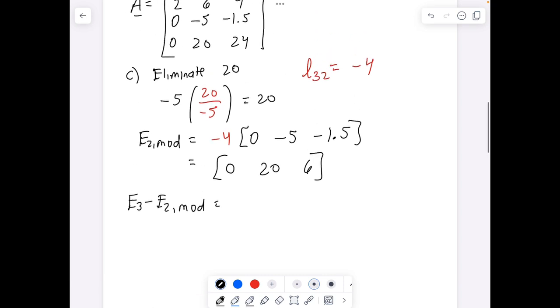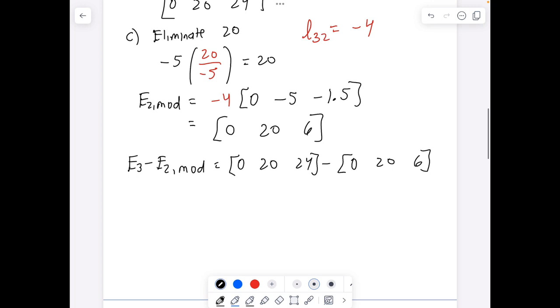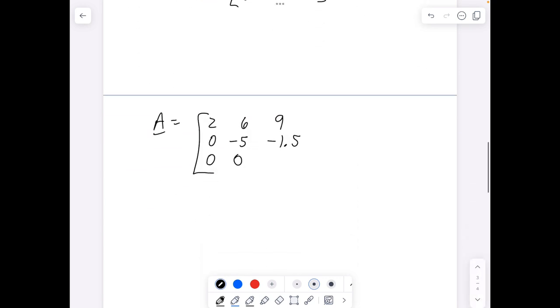So E3 is 0, 20, 24 minus 0, 20, 6. 0 minus 0 is 0. 20 minus 20 is 0. 24 minus 6 is 18. So we end up with 0, 0, 18 as our bottom row.